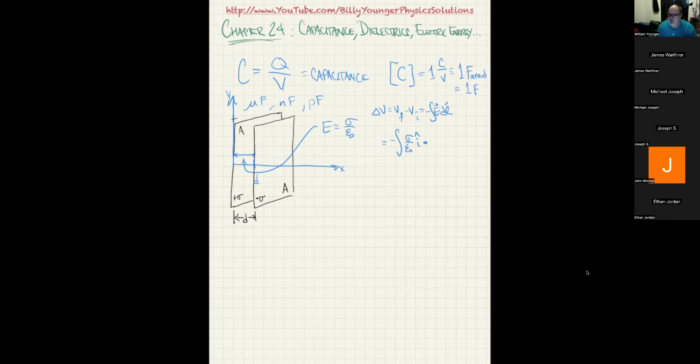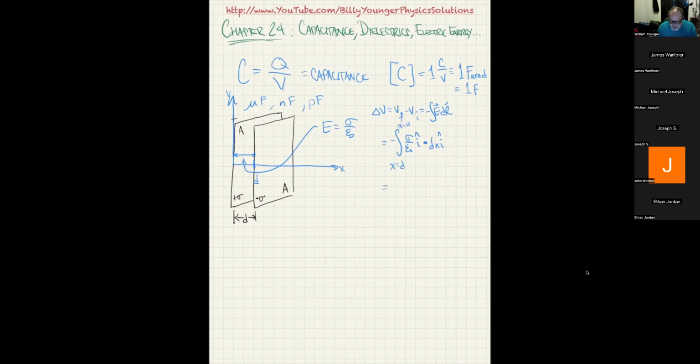Therefore, my dL is just going to point in the positive coordinate direction, so dL is dx i hat. That forces me to choose x equals D for the initial spot and x equals 0 for the final. That's where I chose my direction.